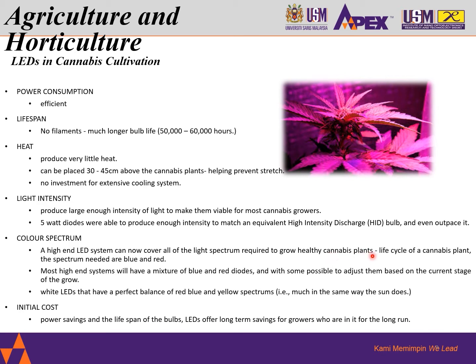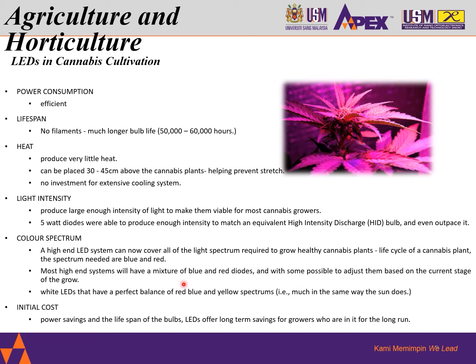During the cycle of the cannabis plant, the spectrum needed is blue and red. Most high-end systems will have a mixture of blue and red diodes, with the ability to adjust them based on the current stage of growth.